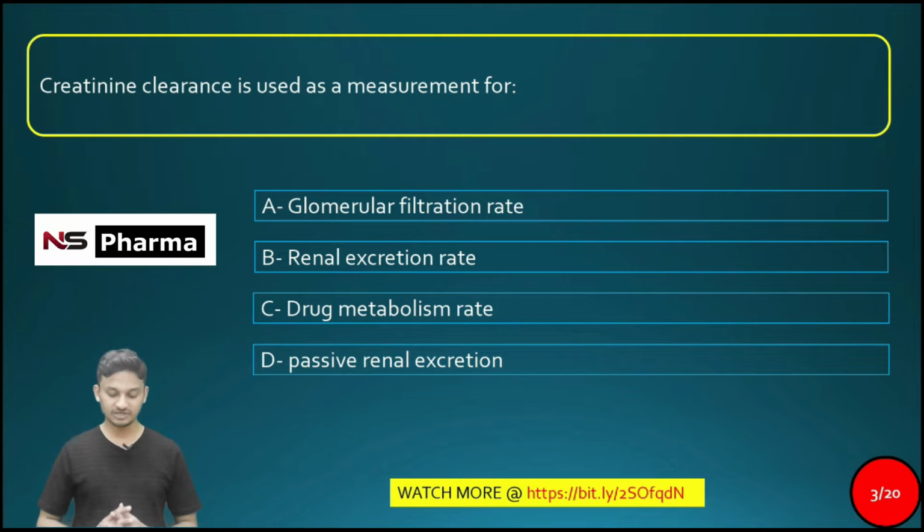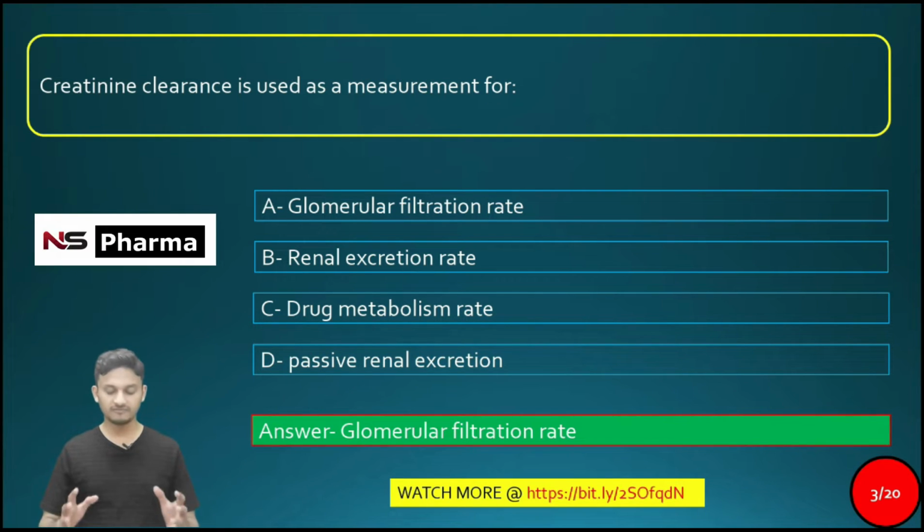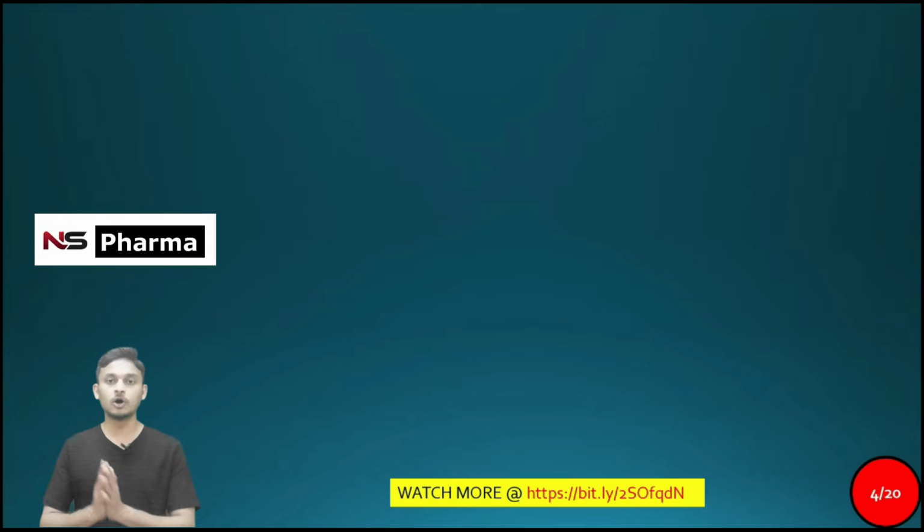The correct answer here is option A, glomerular filtration rate. Creatinine clearance is used as a measurement for glomerular filtration rate.